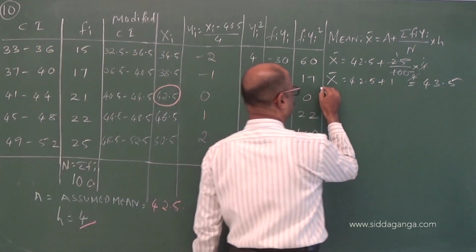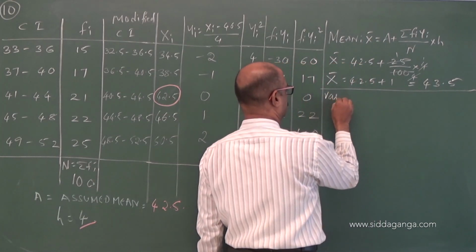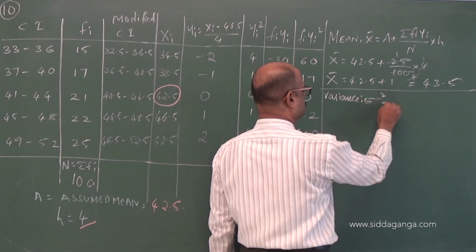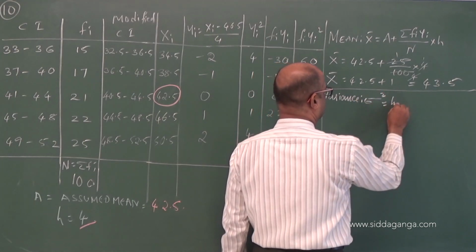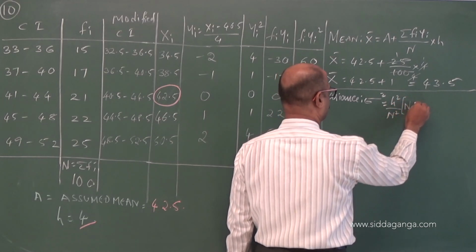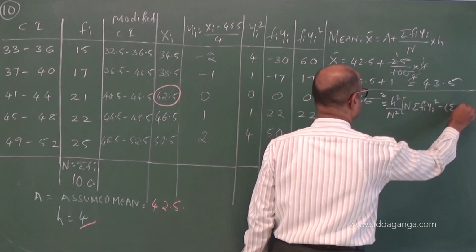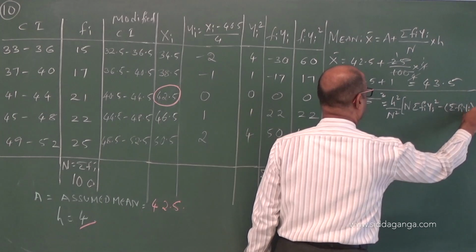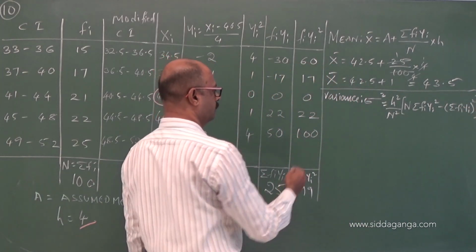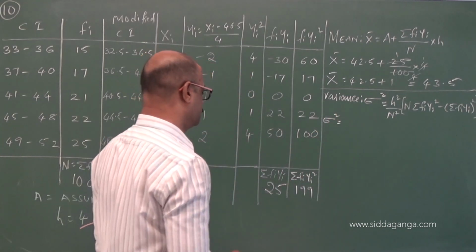Next we will find variance. Variance denoted by sigma square, given by the formula h square divided by N square into N into sigma fi yi square minus sigma fi yi whole square, like this. So sigma square is equal to h square.